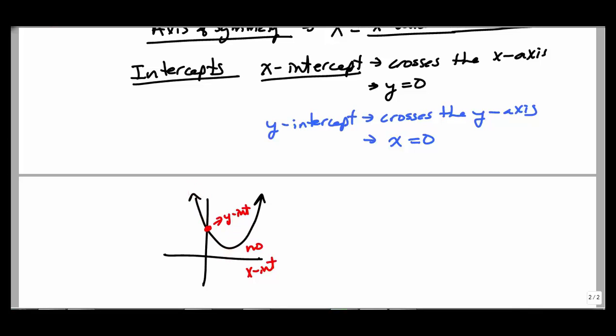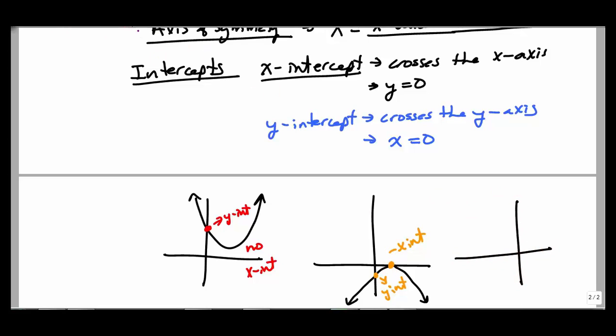We could also have a case where we have, let's open down this time, one x-intercept, and one y-intercept. Now if you notice with the y-intercepts, the most you're ever going to have is one y-intercept. With the x-intercept, you could have 0, you could have 1 as we do in this case.